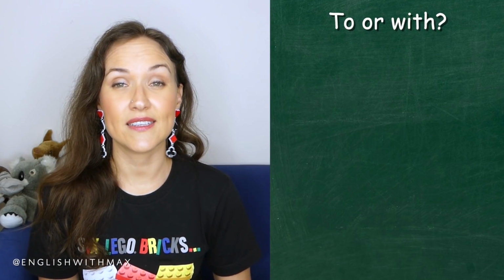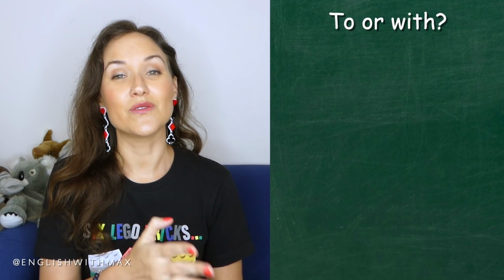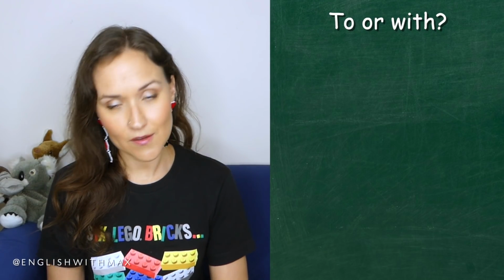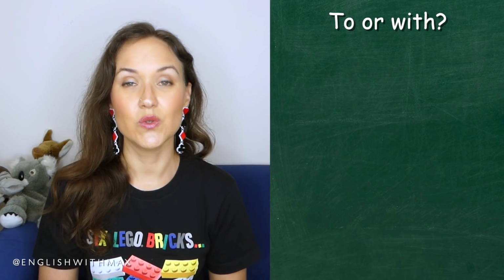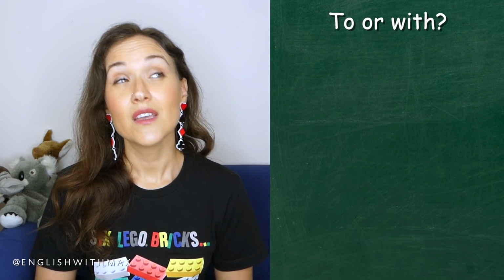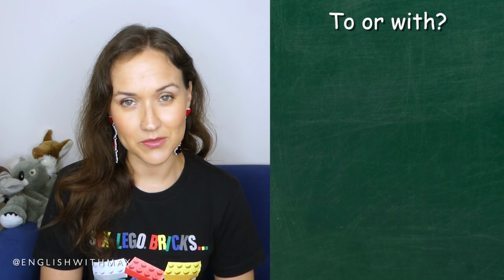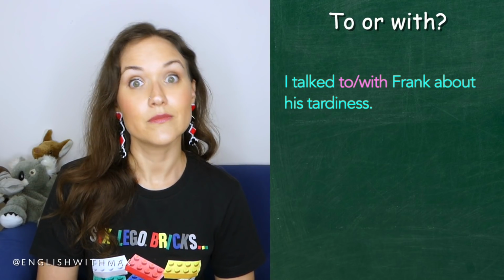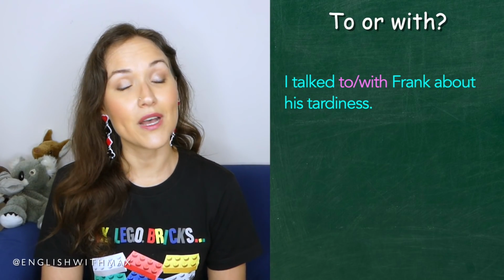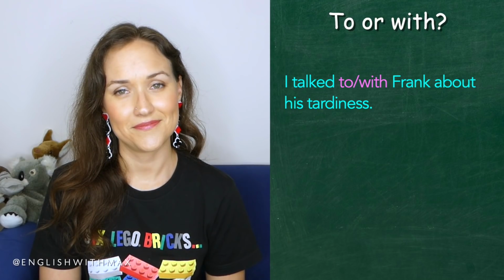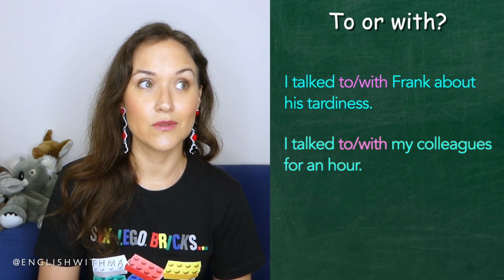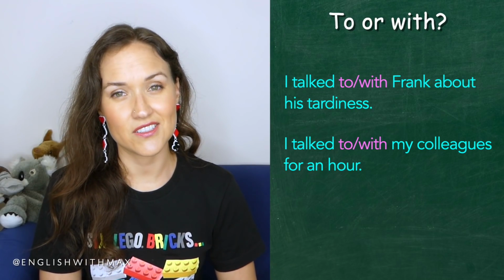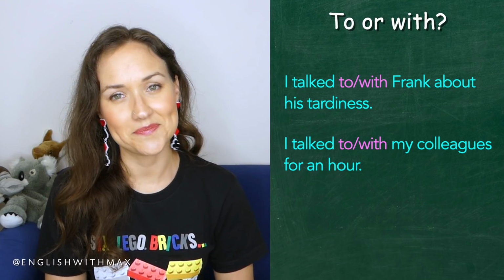But if you want to indicate the direction of the language and put a person or a group of people after the verb, you need to or with. Usually you can use them interchangeably. For example, I talked to or with Frank about his tardiness. I talked to or with my colleagues for an hour. In both of these sentences, you could also use speak.